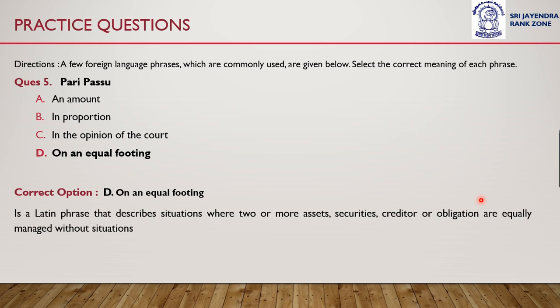Pari passu is a Latin phrase that describes situations where two or more assets, securities, creditors, or obligations are equally managed without preference. So option D, on an equal footing, is correct.